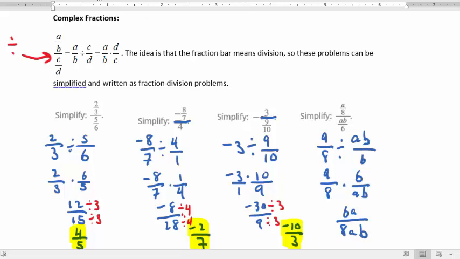And now what happens here? The A's will cancel. And 6 and 8, 2 will go into both of those, right? So divide by 2, and you end up with 3 over, 2 goes into 8 4 times, but you still have the b left. So it's 3 over 4b.